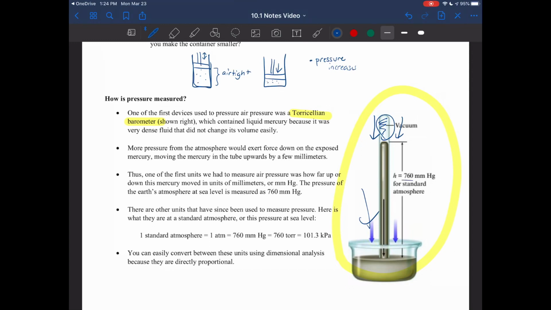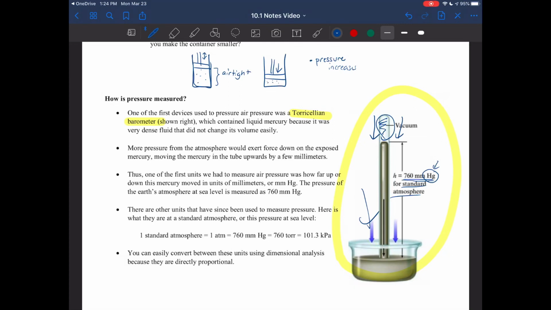They said, well, we're going to say 760 millimeters of mercury, or Hg, that's the symbol for mercury, is going to be our measurement of standard atmosphere. Basically, the air pressure of our Earth's atmosphere on a standard day.